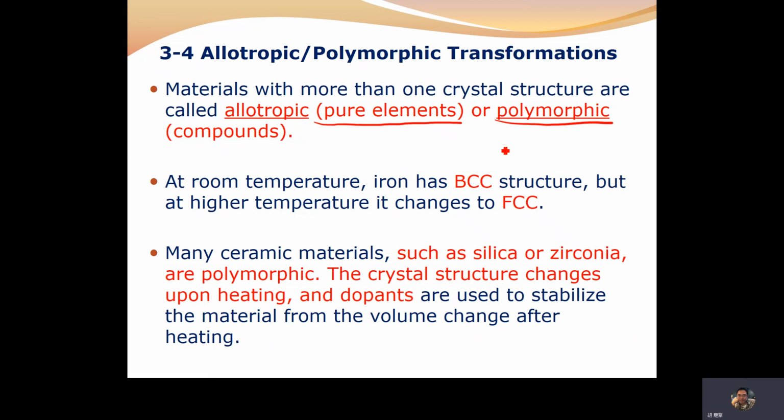For a compound, it's called polymorphic. For example, iron has the BCC structure, but it changes to FCC at higher temperature. I will introduce this later in the chapter on phase diagrams and phase transformation. Also, many ceramic materials such as silica or zirconia are polymorphic, and the crystal structures change upon heating and doping.